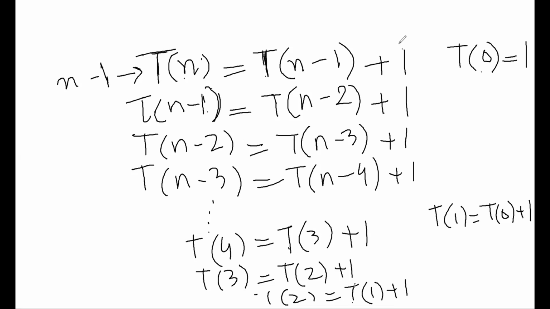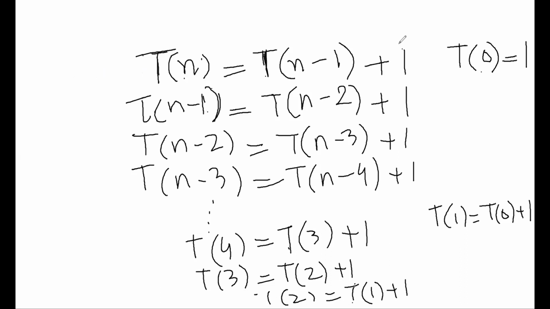I know tn will give this, but then tn minus 1 takes this much time, then tn minus 2 takes this much time. So basically, the total time taken to solve my problem is the sum of all these runtimes.